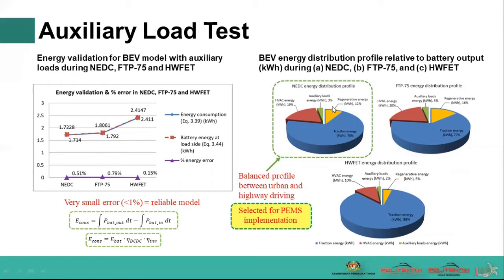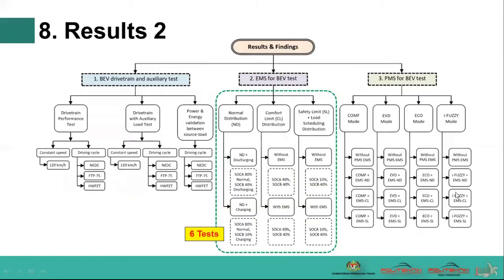And the second one, we come out with this energy distribution profile relative to battery output for BEV, whereby from these three driving cycle distribution profiles, we only select NEDC for the next implementation of EMS due to the balanced profile between urban and highway driving. So for the next phase, we are only looking at this NEDC driving cycle.